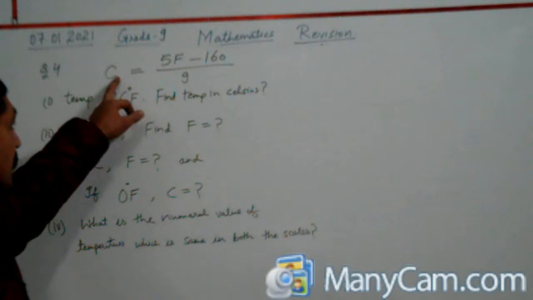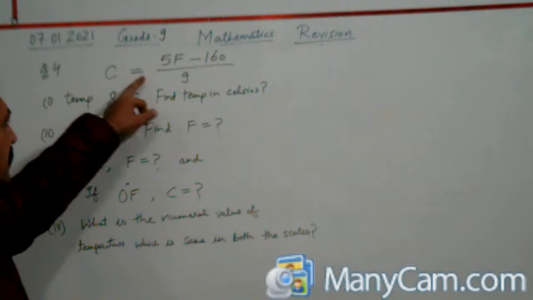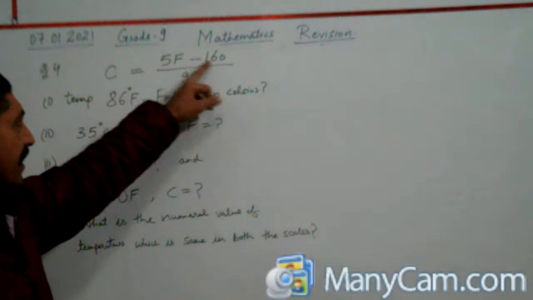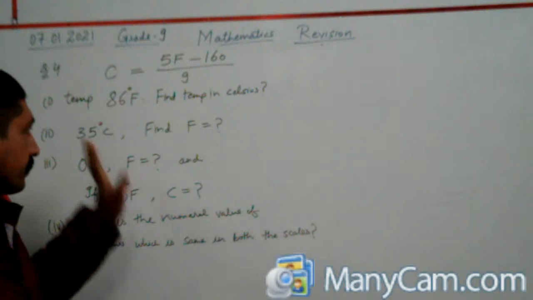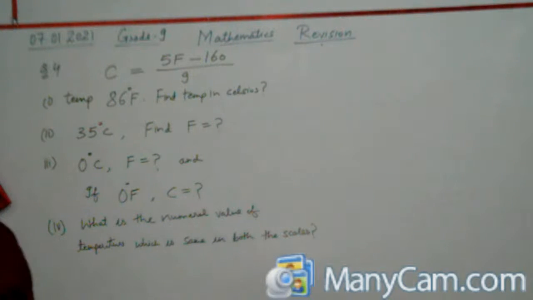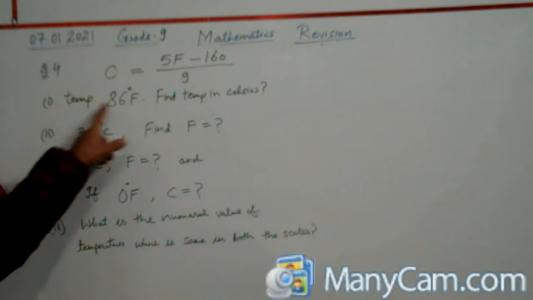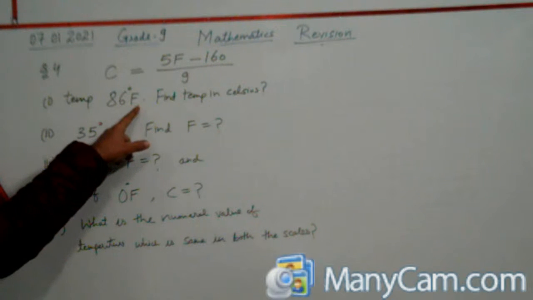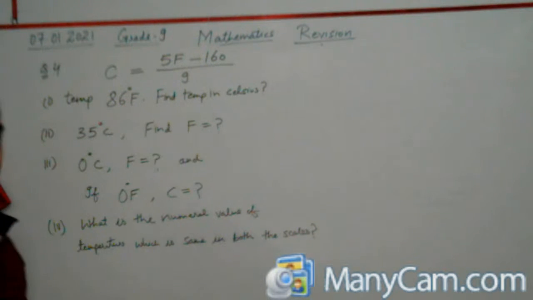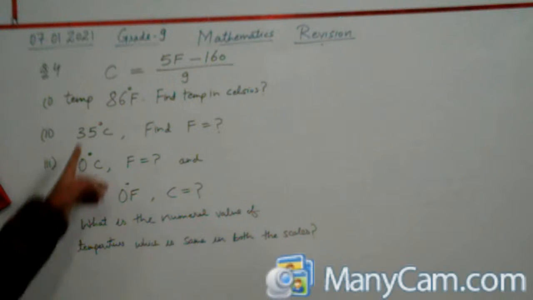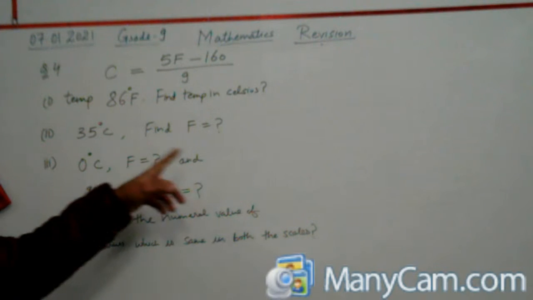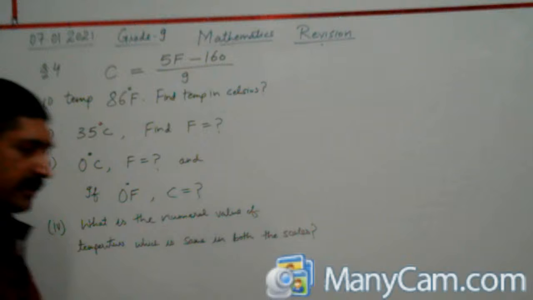Here, the Celsius scale is equal to 5 times (Fahrenheit scale minus 160) upon 9. The relation is given. First, the temperature is 86 degrees Fahrenheit; find the temperature in Celsius scale. Second, 35 degrees Celsius is given; find the temperature in Fahrenheit scale.